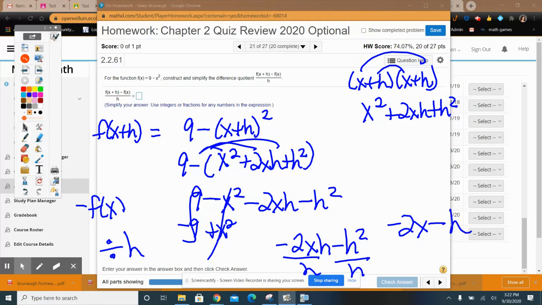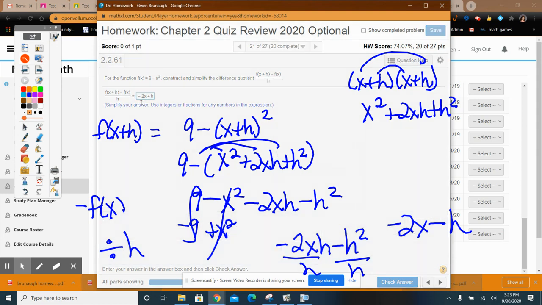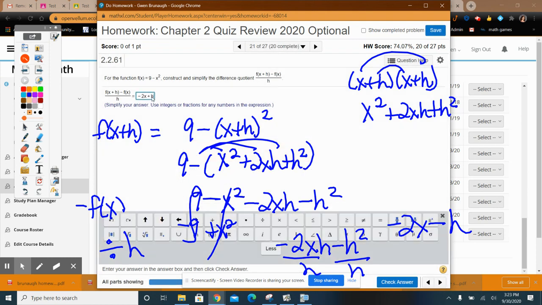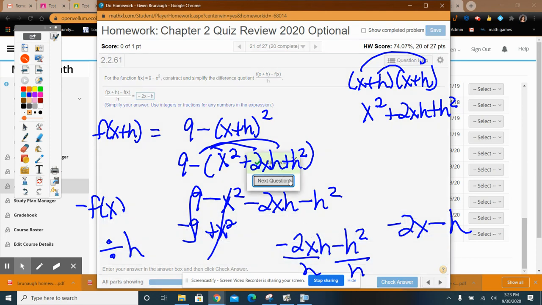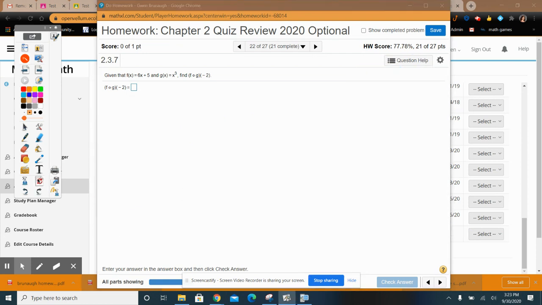It leaves you with the other one. So it's -2x plus h. Missed it. Minus h. I had it right, but didn't type it right. That's why your scratch work is so important, because if you have it right on your scratch work, I try to give it to you.